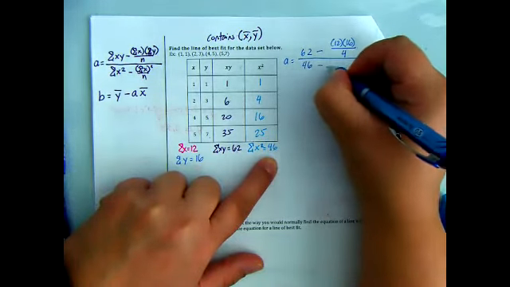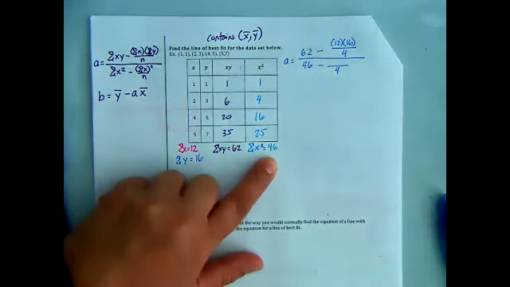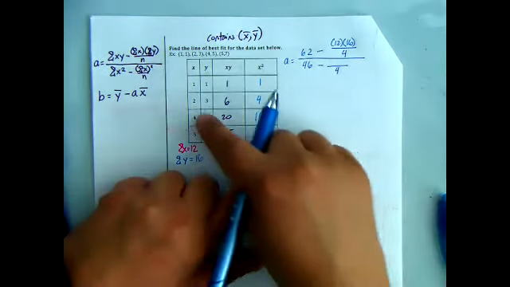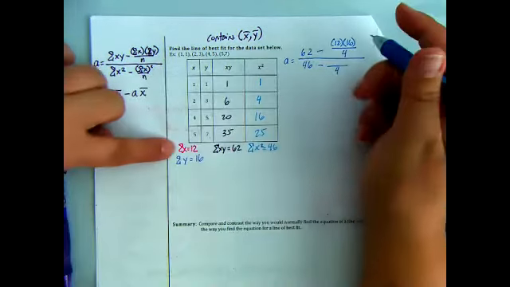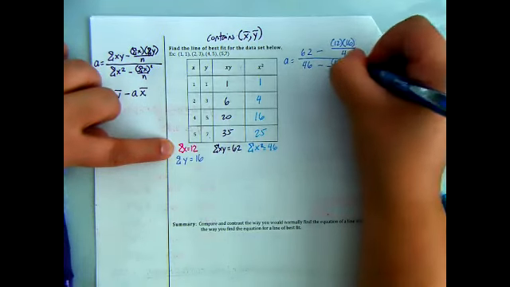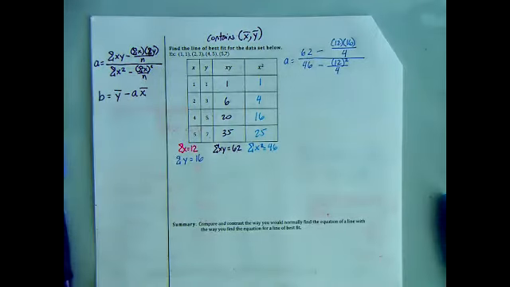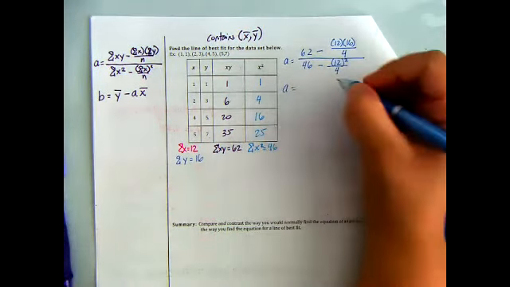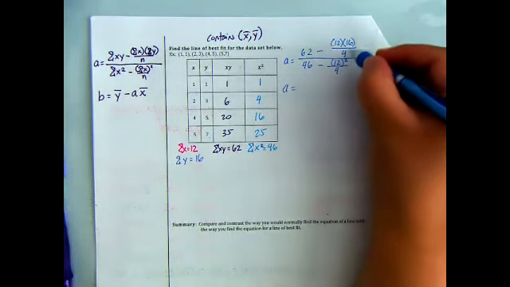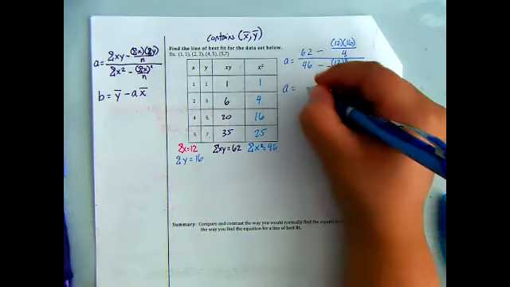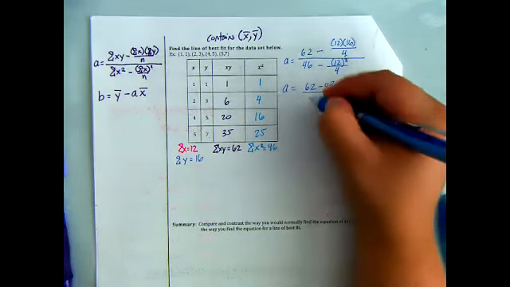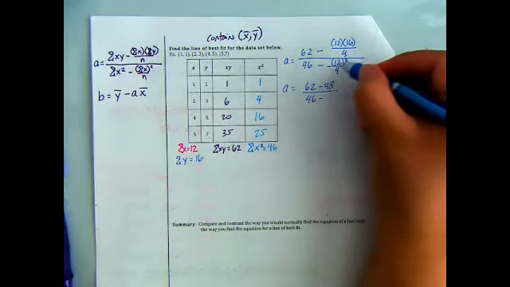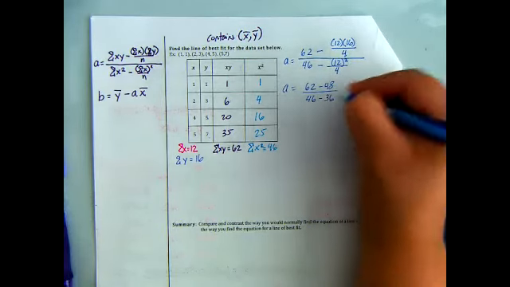Minus another fraction, and at the bottom, the top is the quantity of your sum of x's squared. So my sum of x's was 12, and I'm going to square that. So you're just plugging in at this point. Now you're simplifying. So all of this, 12 times 16 divided by 4, that's 48. So this becomes 62 minus 48 divided by 46 minus 144 divided by 4 is 36.